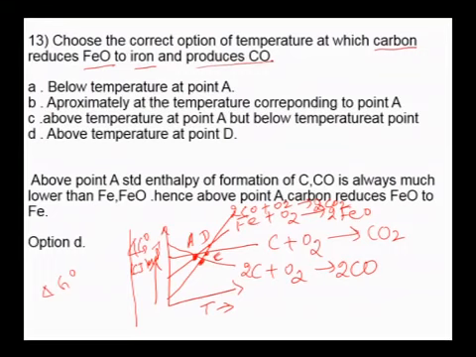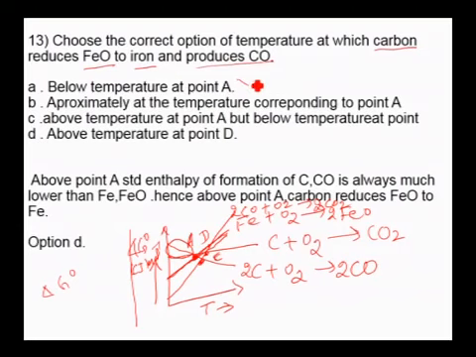So here, the first option is below the temperature at point A. Below point A, the formation of 2CO from 2C plus O2 is above the graph of iron, therefore this is not possible.